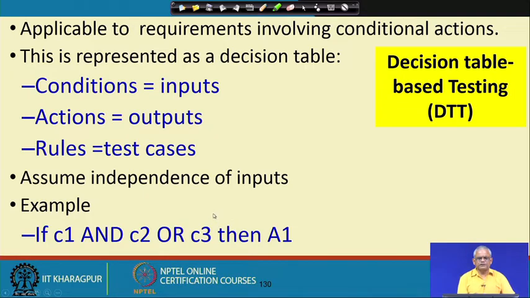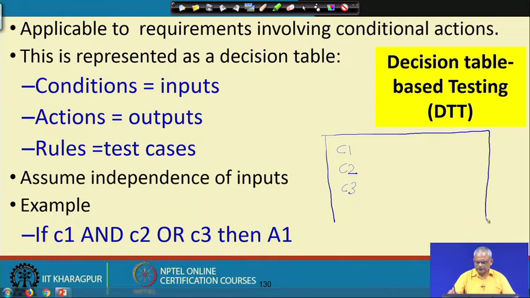Just to explain the concept of how to draw the decision table for an expression like this, we need to write the conditions C1, C2 and C3. These are the upper rows of the decision table, and the lower rows are the actions.